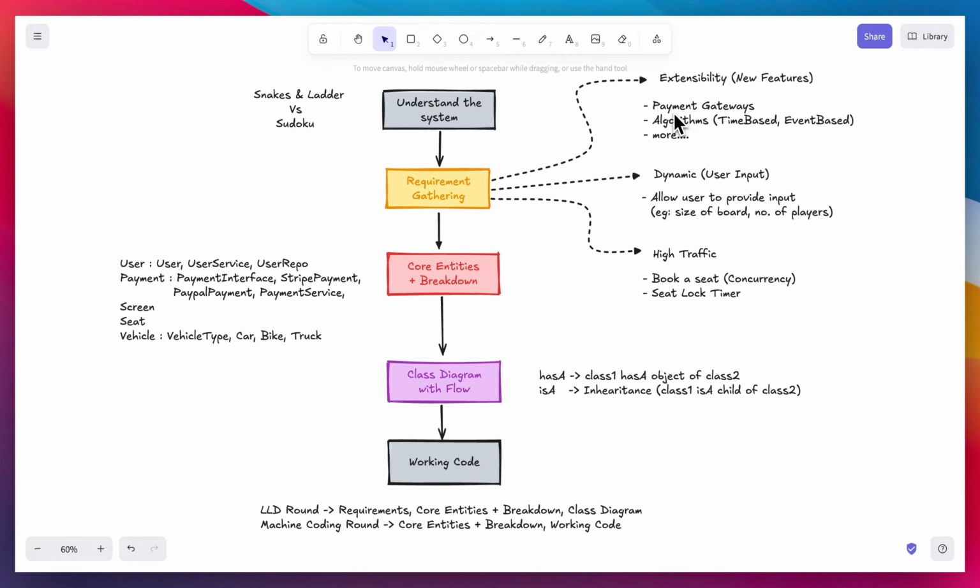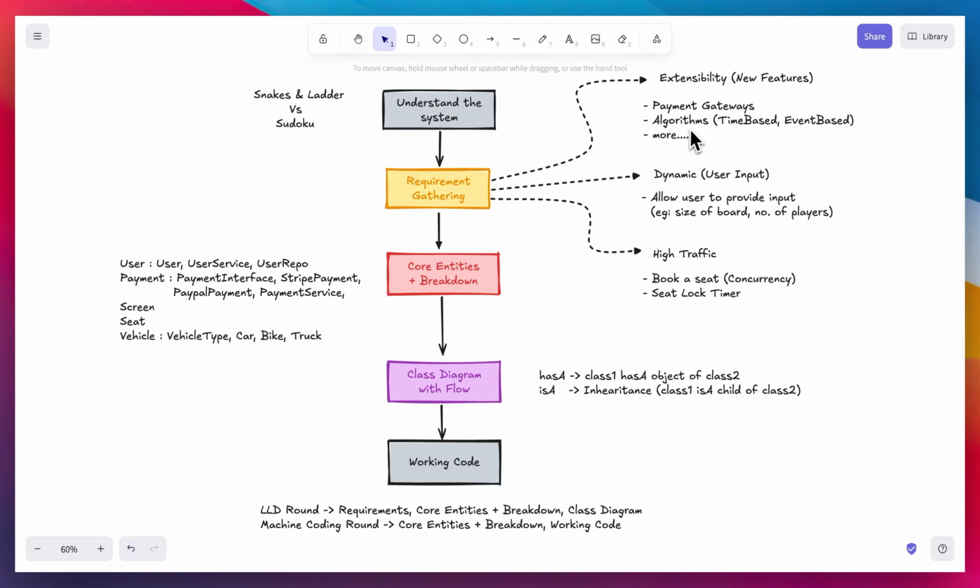So assume that currently your system has Stripe payment gateway and PayPal payment gateway, but in future you might want to add some other payment gateways as well. So that requirement comes under extensibility because you might want to add something in the future, but while adding that, you don't want to modify the old code. So that requirement will come into extensibility.